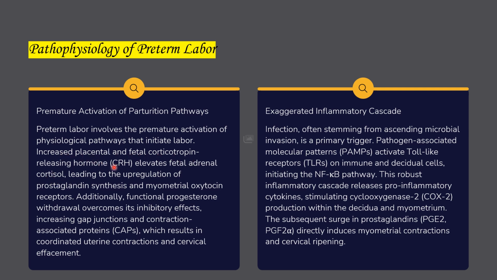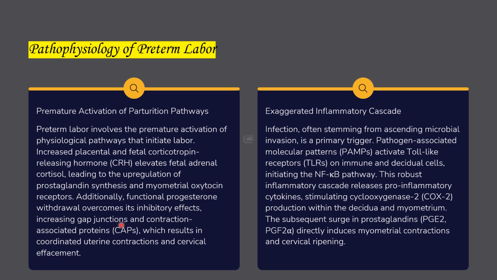This CRH elevates the fetal adrenal cortisol. This cortisol leads to upregulation of prostaglandin synthesis and myometrial oxytocin receptors. The prostaglandin helps in ripening and effacement of the cervix, and the myometrium becomes sensitive to oxytocin.